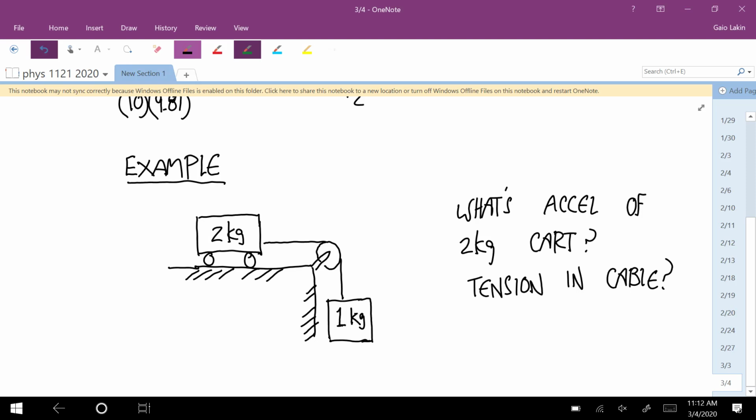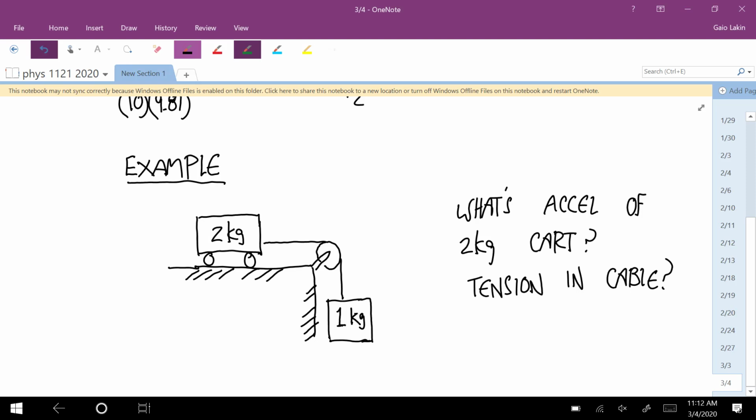And what if that happens in 1 second? Then this one has a velocity of an inch per second in the negative y, and this one has a velocity of an inch per second in the positive x. And what happens if it goes from rest to a velocity of 1 inch per second down? This one has an acceleration of 1 inch per second squared, which is the same as this one going in that direction.